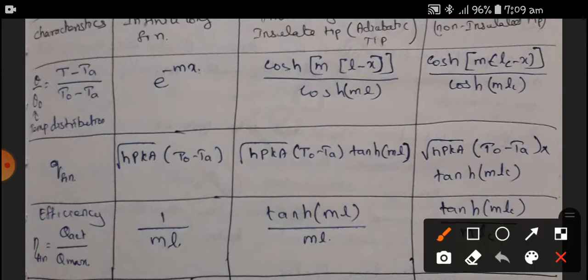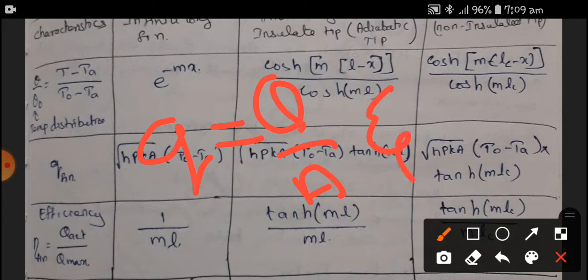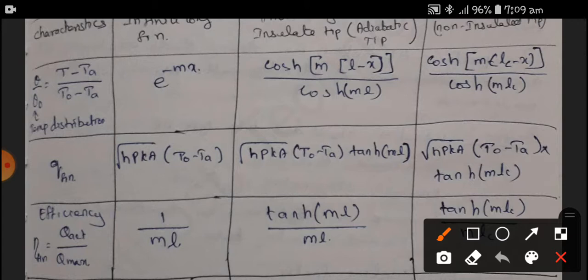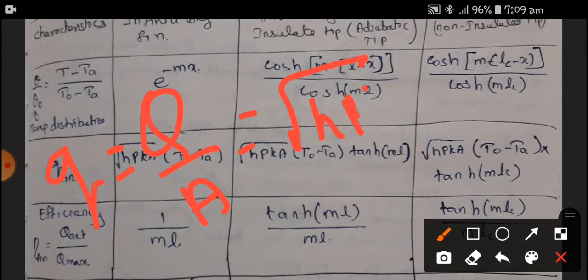Sorry, it is not the effectiveness. Okay, Q is equal to root of hPkA into delta T. So this is the formula.